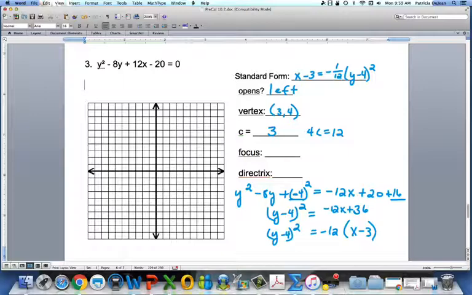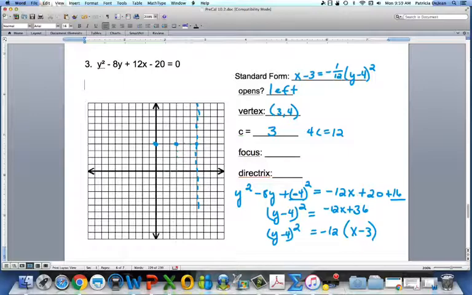So we can graph that pretty quickly. We're going to go to (3, 4). 1, 2, 3, 1, 2, 3, 4. It's going to open to the left. Okay, so we're going to go 3 spaces behind it and 3 spaces in front of that vertex. Since it opens left, our directrix goes through the point to the right.